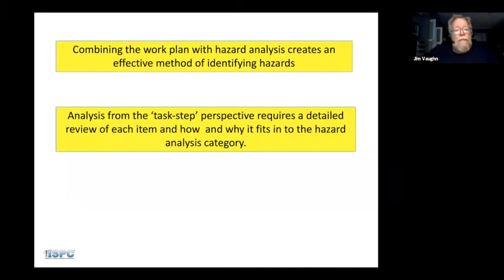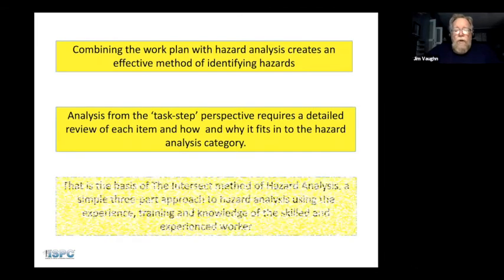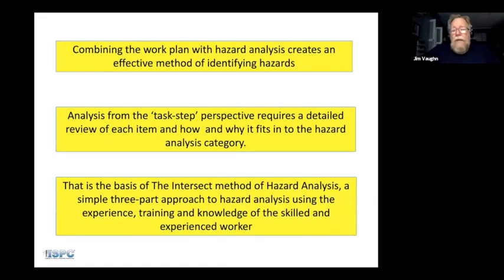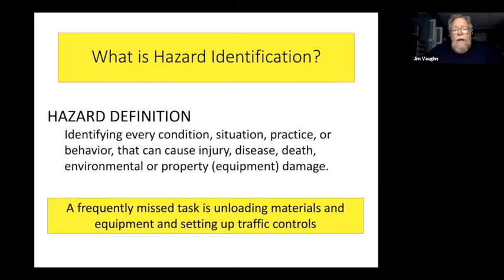And usually what happens, and I can say this with a lot of confidence, is we now have a much better plan on how we're going to do the work, because instead of looking at what hazards are available on the job, we now look at how the hazard is associated with each of the work steps. So that's how the Intersect works in that way. What we're trying to do is identify every condition, situation, practice, or behavior that can cause an injury, and we can't do that if we haven't done a successful analysis.